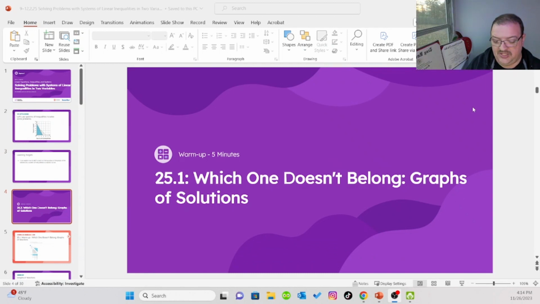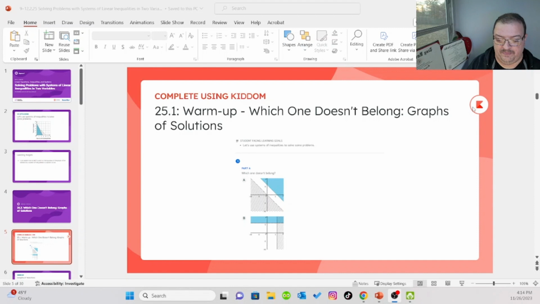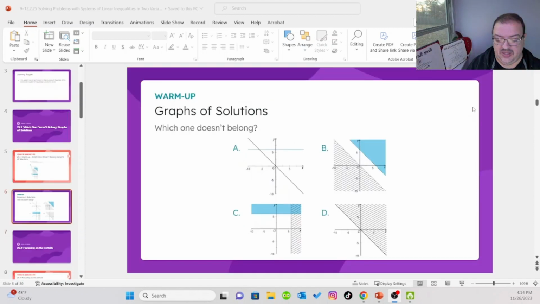Our warm-up today is 25.1, titled Which One Doesn't Belong? Graphs of Solutions. On these, they want you to come up with an excuse as to why each of these graphs is the one that does not belong.